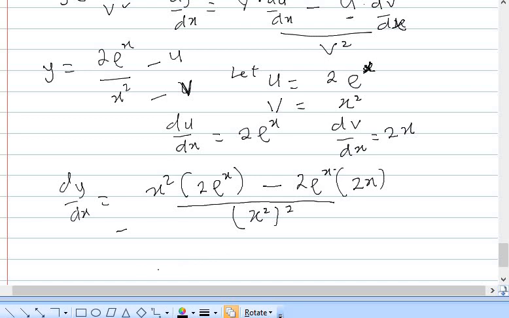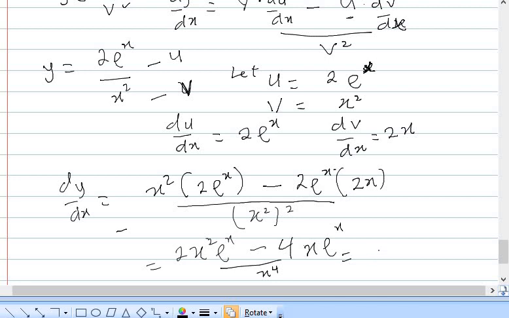Then we can simplify the function: that's 2x squared exponential of x minus, 2 times 2 is 4, 4x exponential of x, divided by x to the power 4.